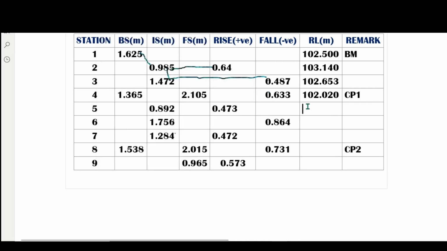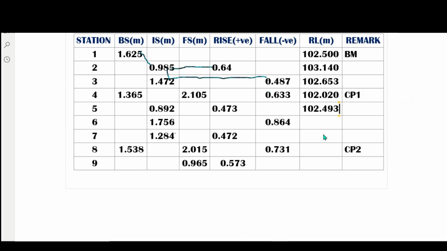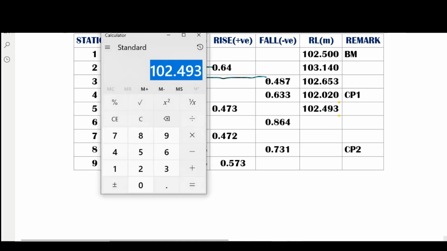You keep it here, 0.473, on this same row. And now the next number is this negative one, under 4. Because it's negative, you subtract it from the previous one. What you just do is continuously subtract them, a continuous subtraction and a continuous addition. That's just what we do here.